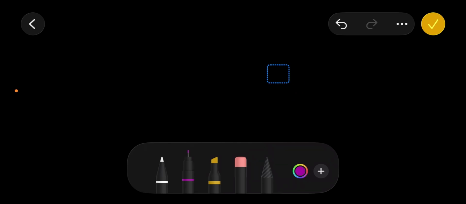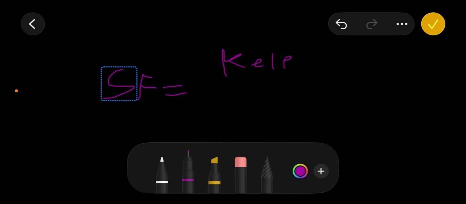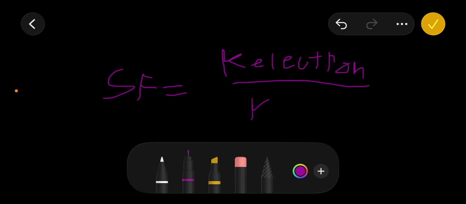Now, time to show you the stability factor. Stability factor equals electron divided by Kenton plus electron.